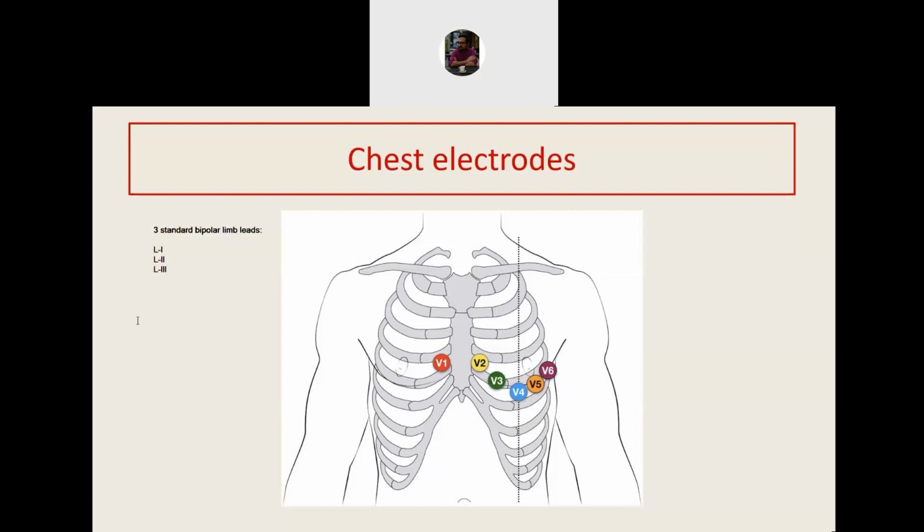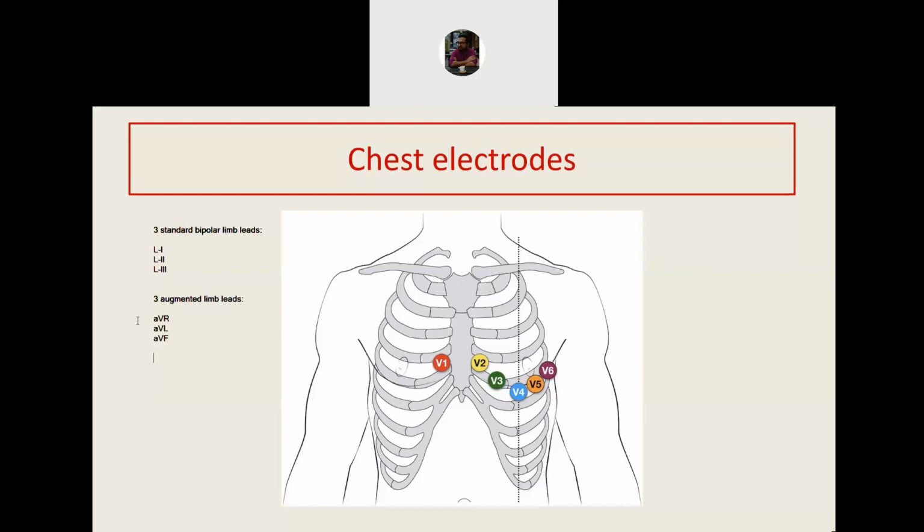There are three augmented limb leads named as aVR, aVL, and aVF.